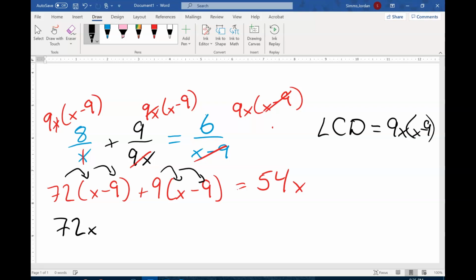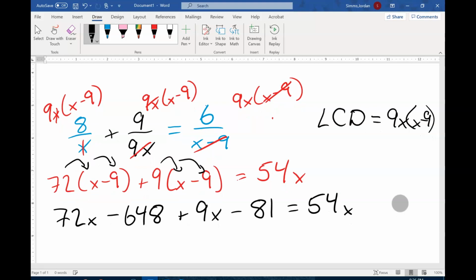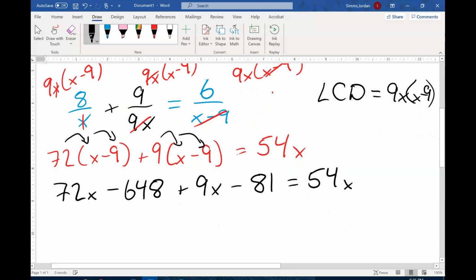72x. 72 times 9, I have no idea, so let me just calculate that out right quick. 648. Over here we have plus 9x minus 81, and that equals 54x. And from here, hopefully we pretty much have this beat.